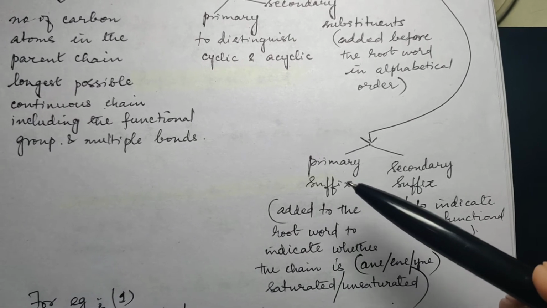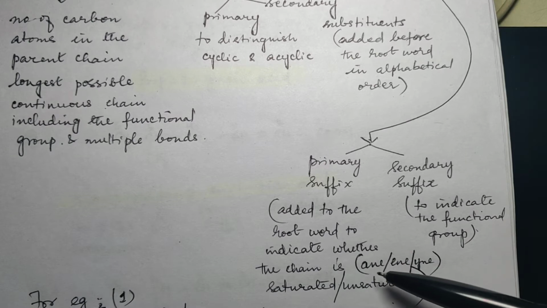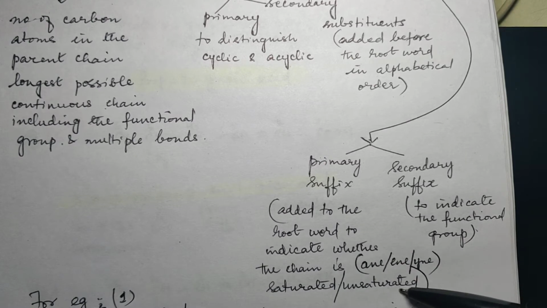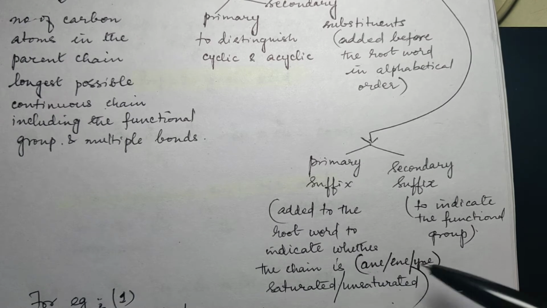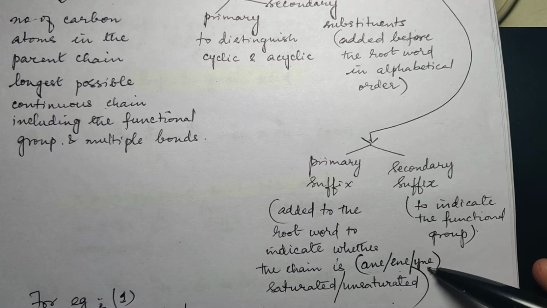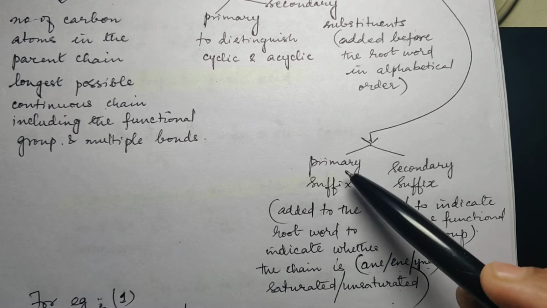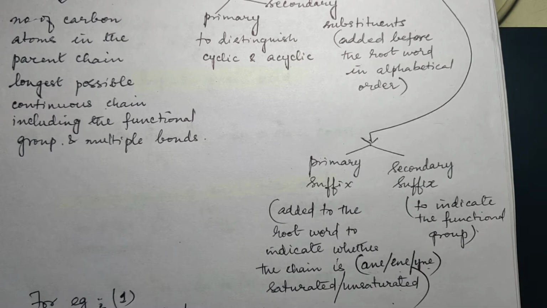Accordingly, you will use the suffix ane, or ene if there is a double bond, yne if there is a triple bond in the carbon chain. Okay, so this is what is called as primary suffix.